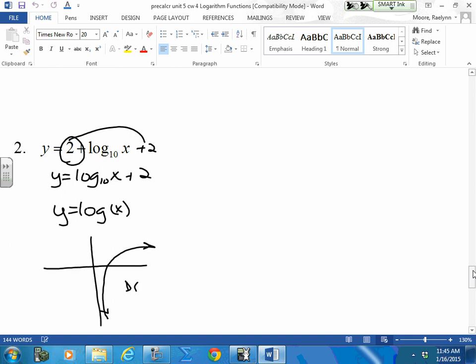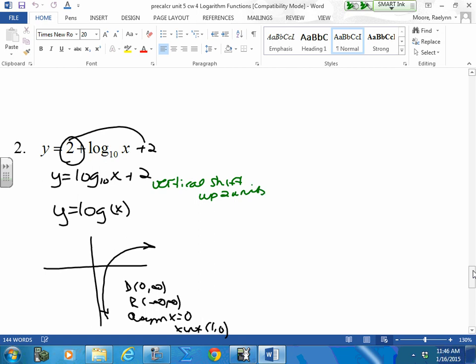We start out with your domain, your range, your asymptote, and your x-intercept. And where are we transforming this graph to? Good, very good. Vertical shift up 2 units.